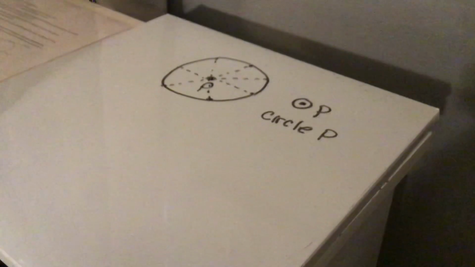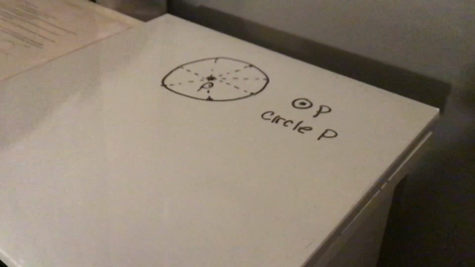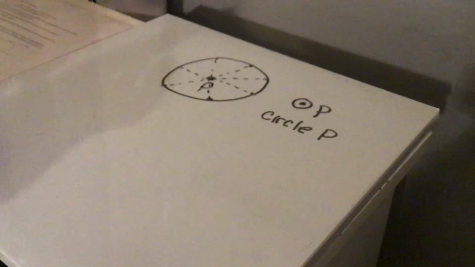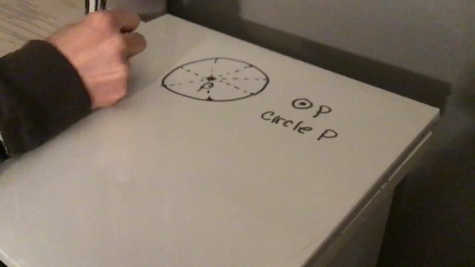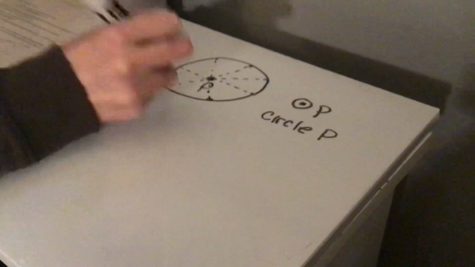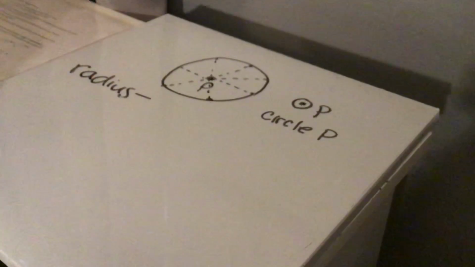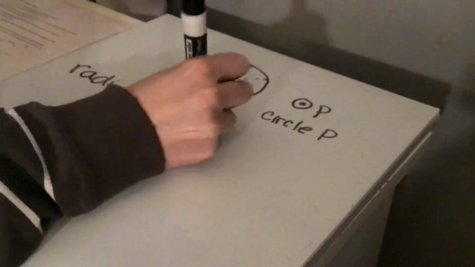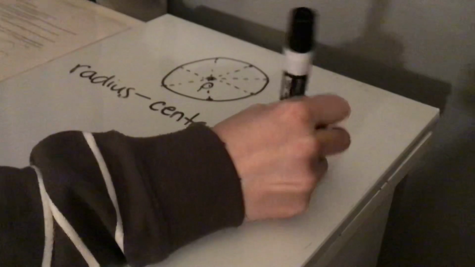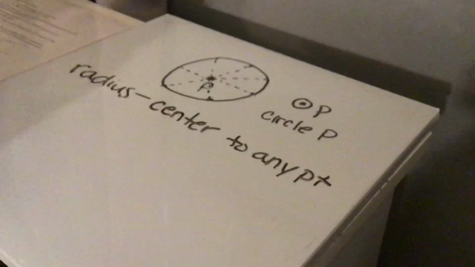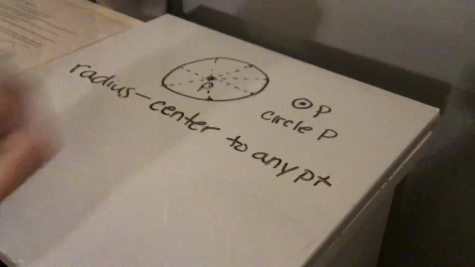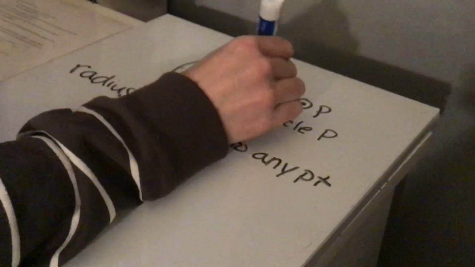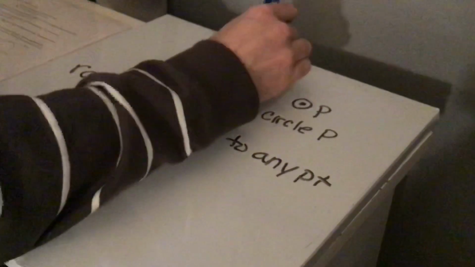Given a circle, we can have a radius, we can have a diameter, okay? The radius is the distance from the center to any point. So we would say that these are all considered a radius.